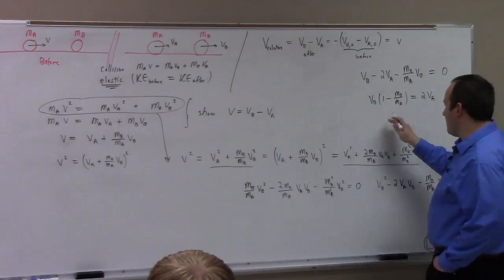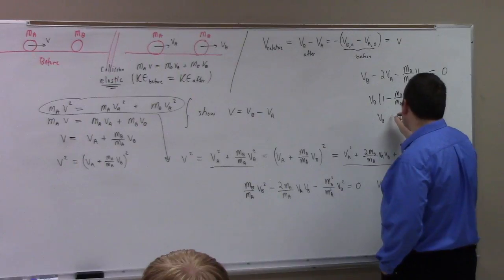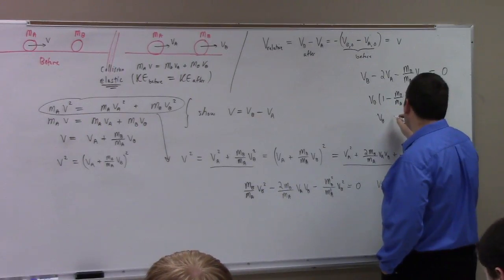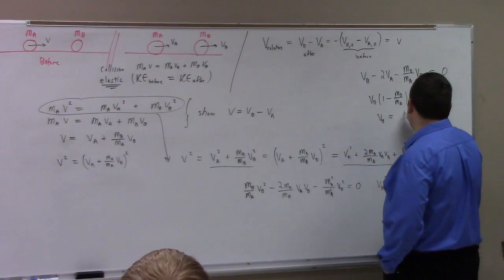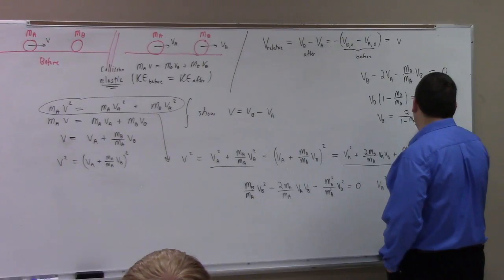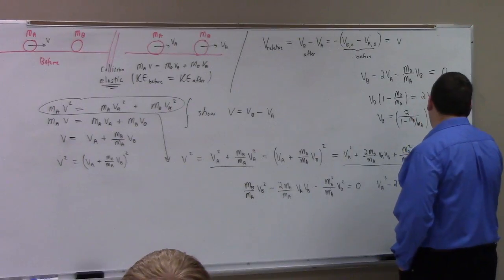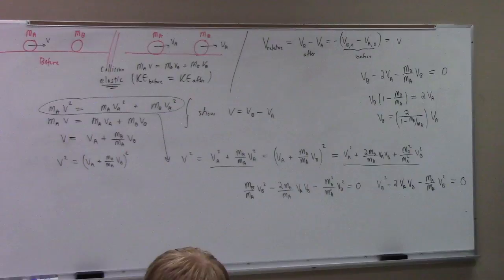Or in other words, VB is what? Two divided by 1 minus MB over MA, VA. So see, now I have a relation between VB and VA. What can I do?